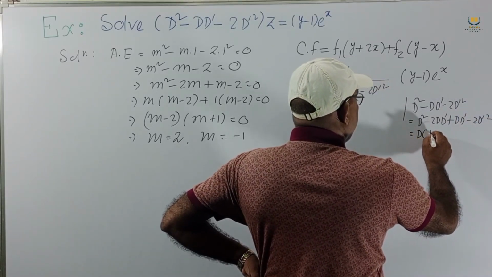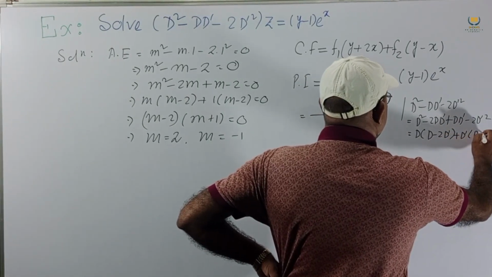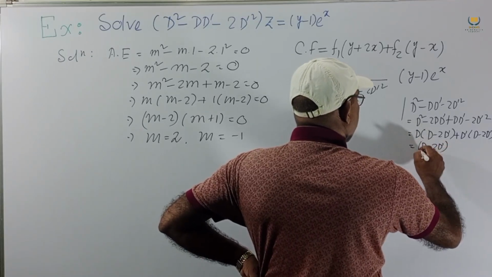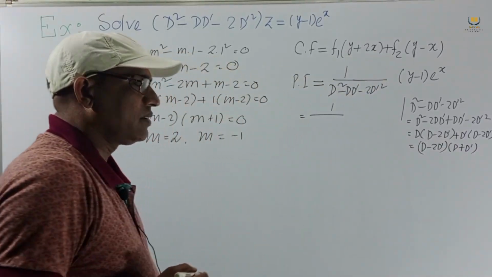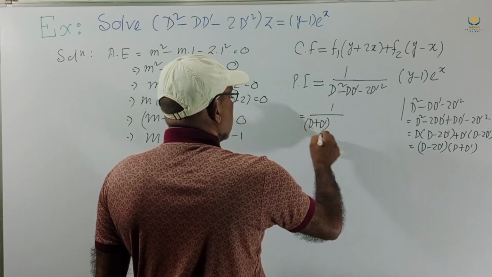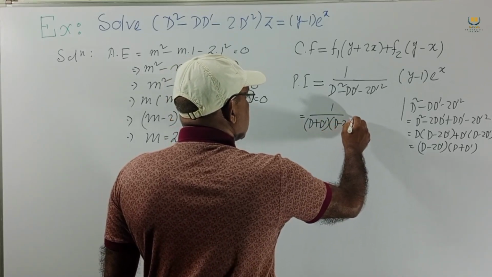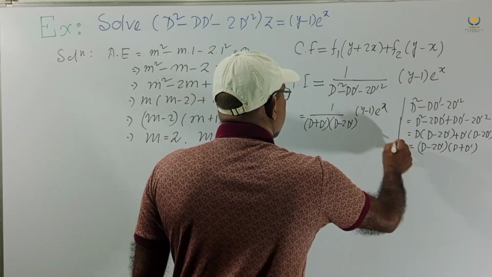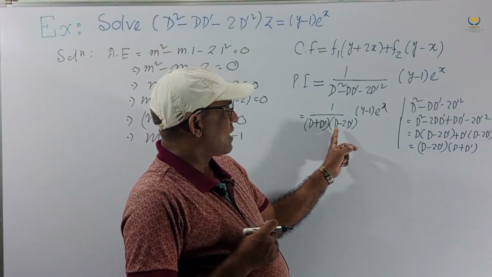D common, D minus 2D dash common, so D minus 2D dash and D plus D dash. So we get this one. So this will be 1 by D plus D dash and D minus 2D dash, y minus 1 e to the power x. Now we have two factors, D plus D dash and D minus 2D dash.